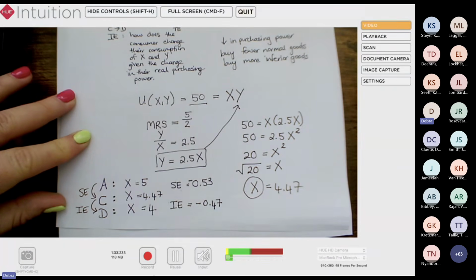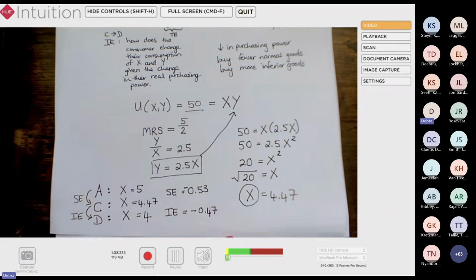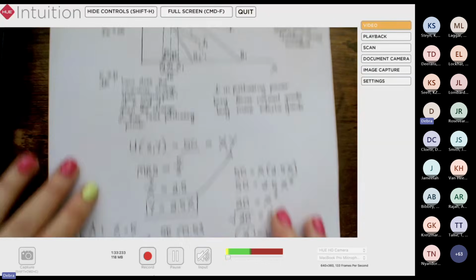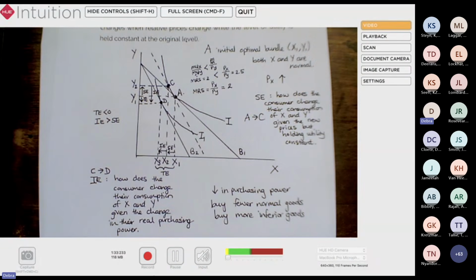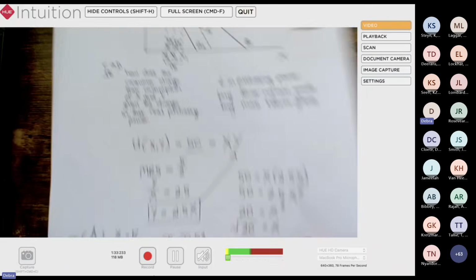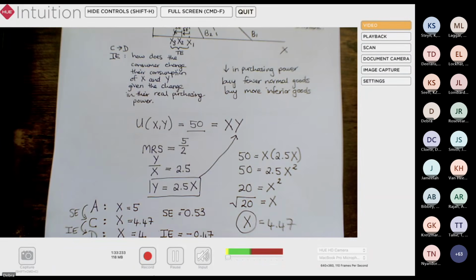That's what takes me from 4.47 to 4. So here I've shown you exactly how the math matches with the graph. Does that make sense to everybody? This is where seeing the graph and the math side by side really helps to understand why you do the math in this way.